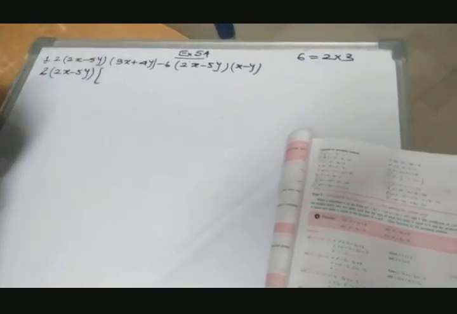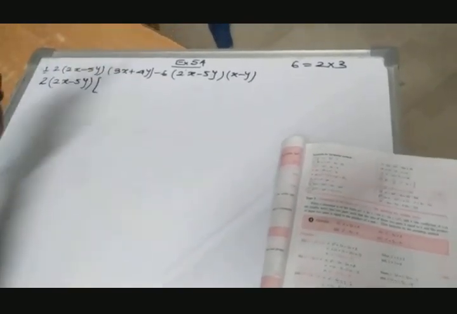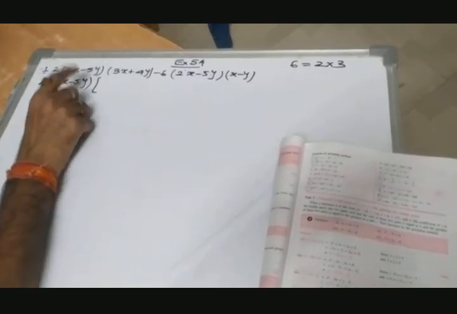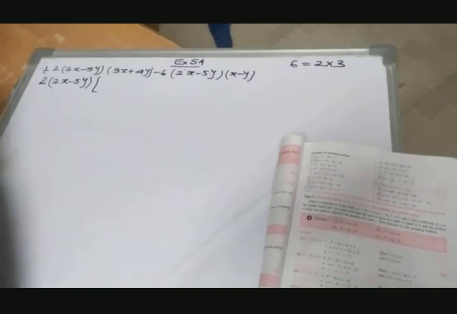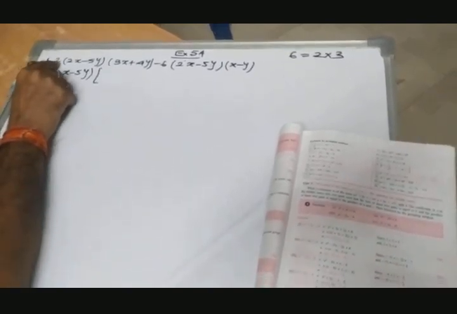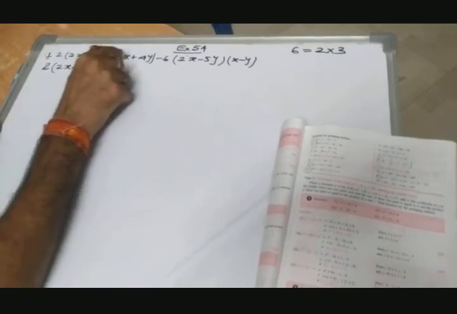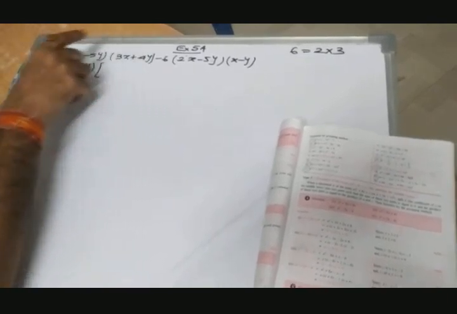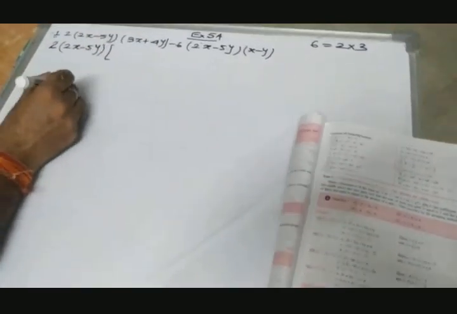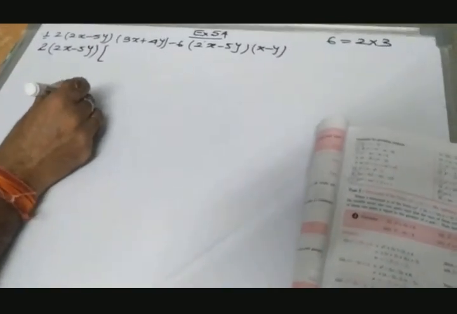After that, we will divide each term by the common term. Now we will divide the first term. The first term is 2x minus 5y and 3x plus 4y. It should be divided by 2x minus 5y.